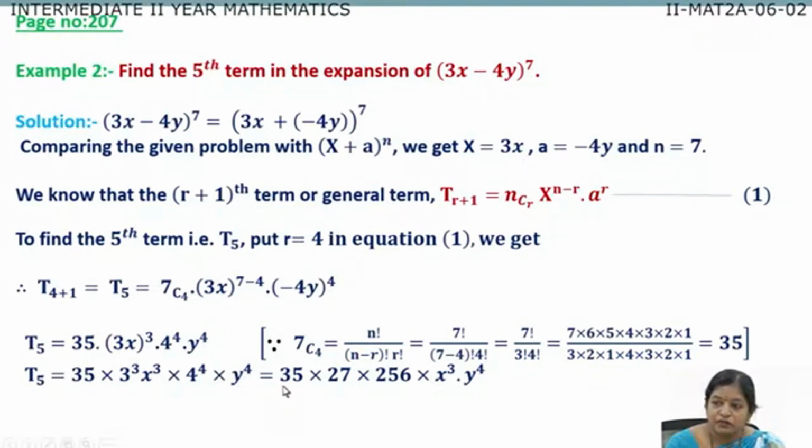So 35 into 3 cube, which is 27, 4 power 4 is 256, and the variables are x cube into y power 4. So finally we will get the t5 value as this value. So this is the t5, the fifth term.